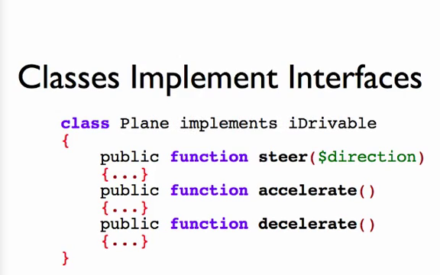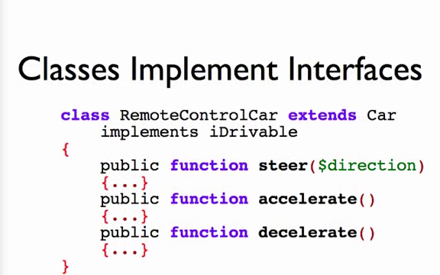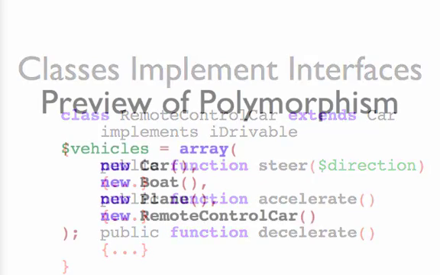I know that this thing implements iDrivable, so I can steer it, I can accelerate it, I can decelerate it, and that's what the interface buys me. I can also have a remote control car that extends off of car but also implements iDrivable, and then it can potentially override some things about it and make it drive and steer and accelerate and decelerate in a slightly different way from how a normal car might do it.